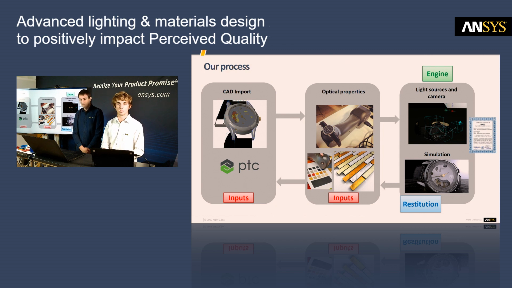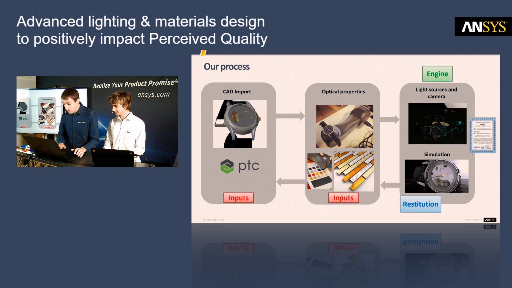You can do material drag and drop and create the scene. And then you have the simulation and the restitution. But it's not finished yet, because at this stage, you can do a new pass on optical properties or CAD, if you have something to modify. And you can do it like that, a collaborative platform with your design, R&D, and so on team.